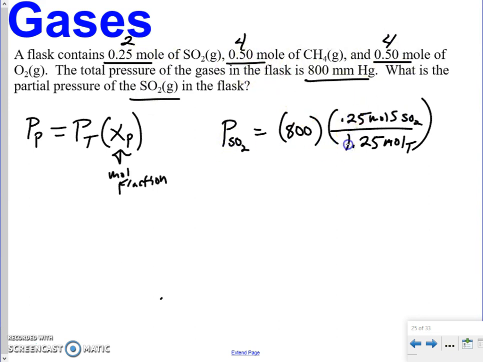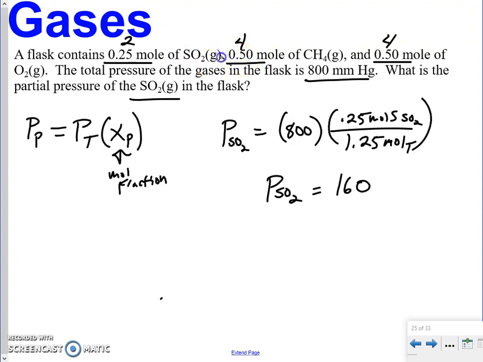So if we think about it in regards of 25 out of 125 is 1/5, so it would be 20% of the 800. So we get a pressure, or partial pressure of SO2 to be about 160. Now we could take that one step further if we wanted to and calculate the other ones.